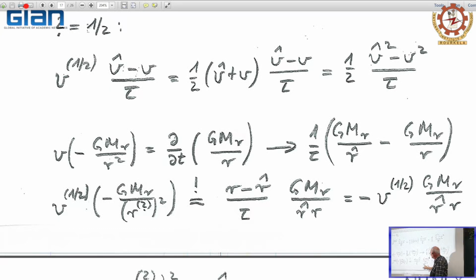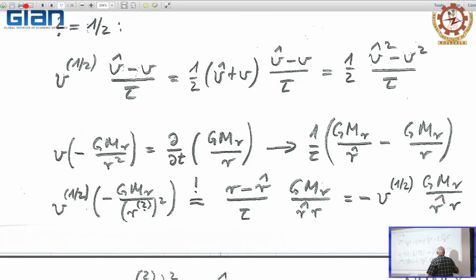Now we compare these two expressions, and we know that once we require the difference scheme to have the same property as the differential scheme, namely this equation, then we have to write the GM over r squared as this term.